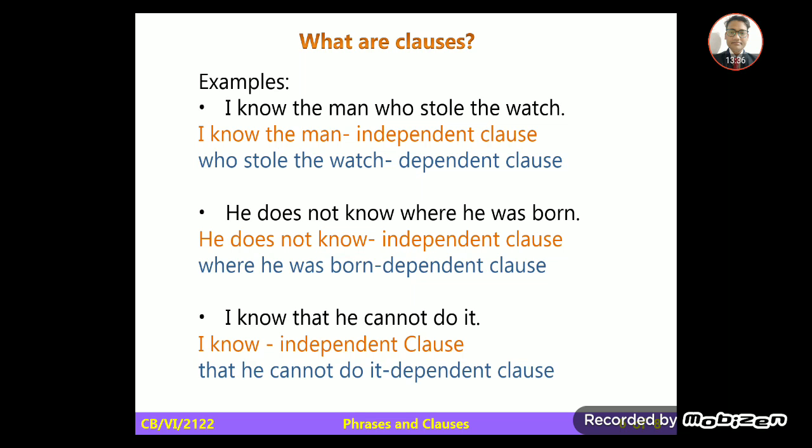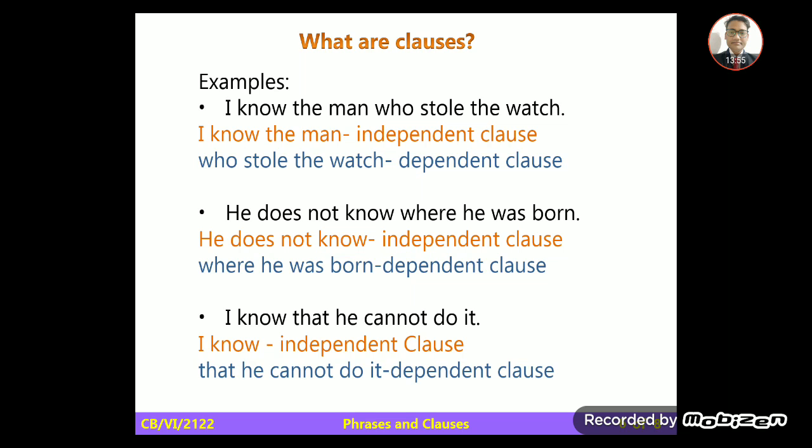Let's see another one. I know that he cannot do it. I know, that is an independent clause. And that he cannot do it, that is a dependent clause.